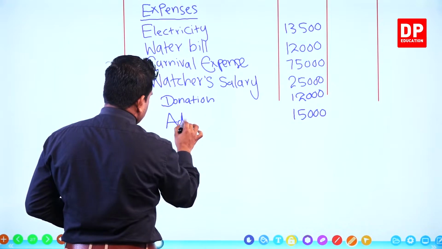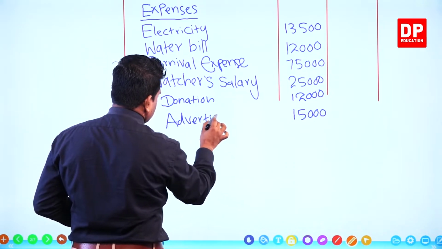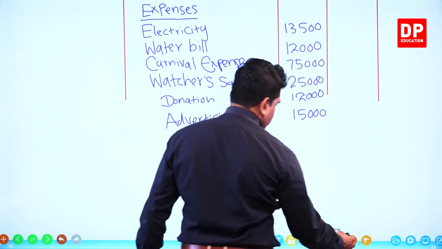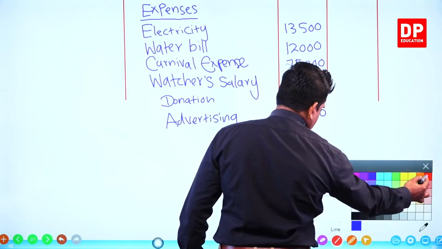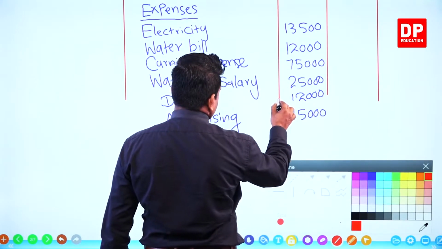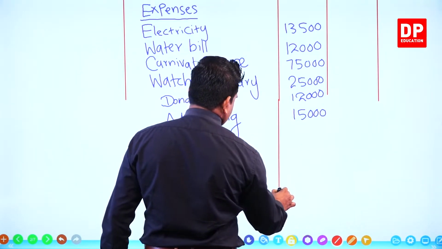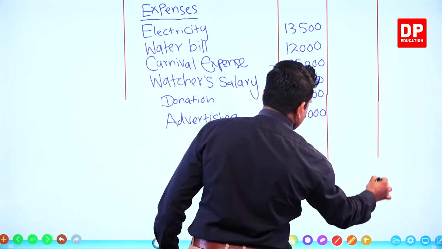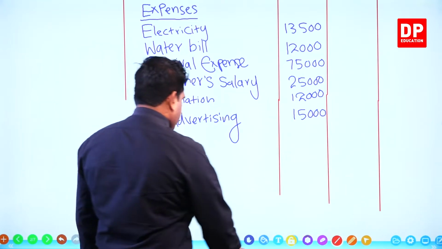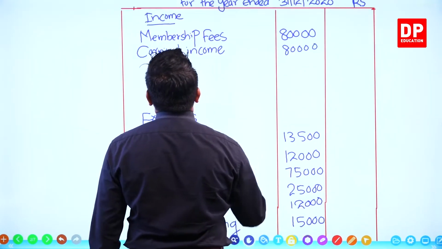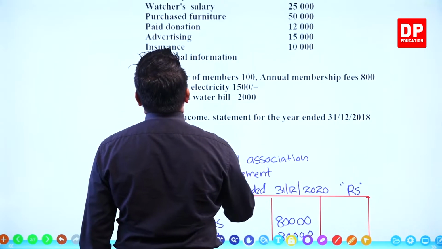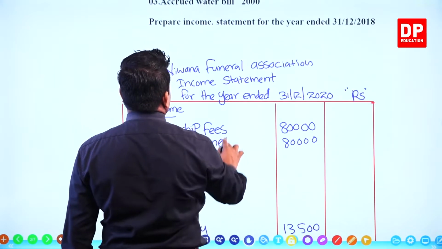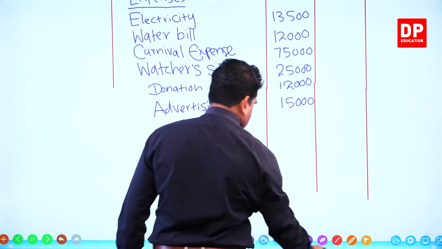You see the question, advertising, right? Right, next one. Advertising 15,000. Last one is insurance.